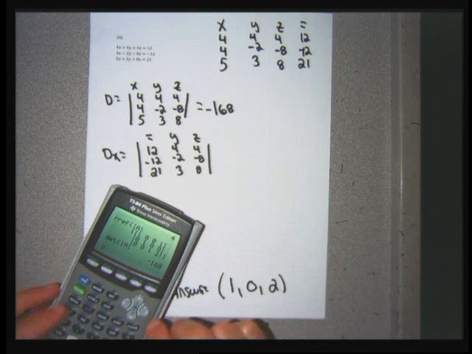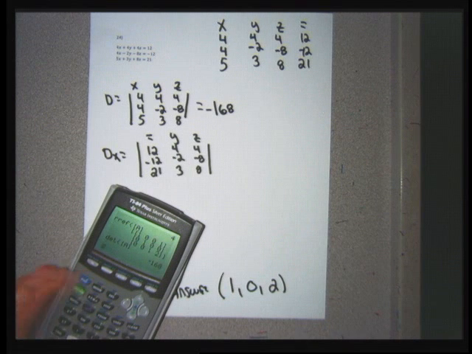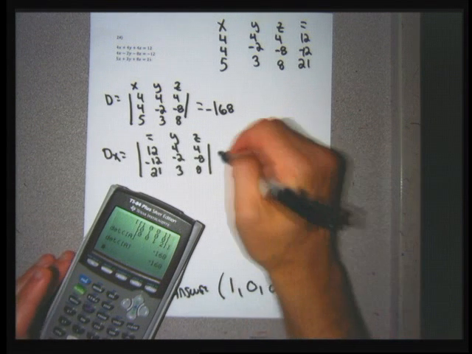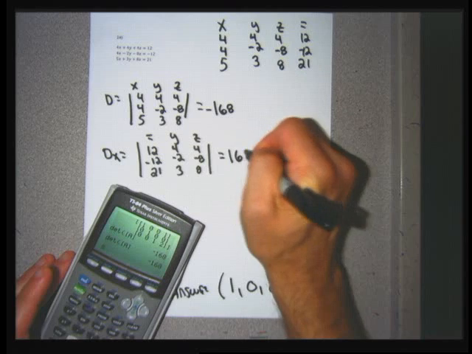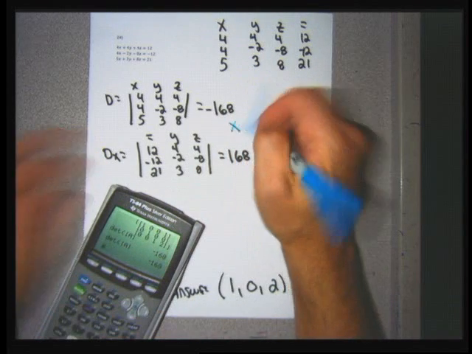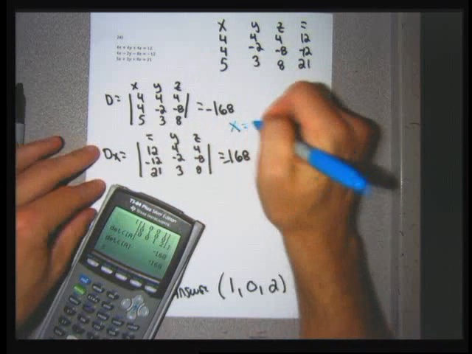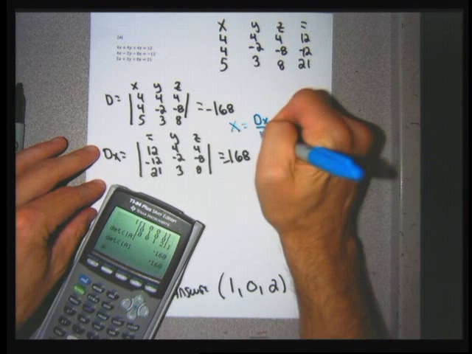So second matrix, edit, 3 by 3, 12, 4, 4, negative 12, negative 2, negative 8, 21, 3, 8. Second quit, second enter, enter. I get negative 168. This is good because now I know that the x is negative, forgot the negative sign here. The x is the d sub x number over the d number.